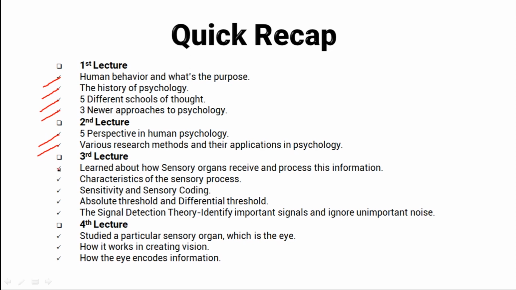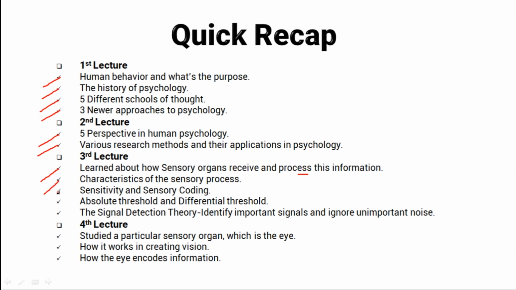Now the third lecture focused on how the sensory organs take physical information and convert it into something that our brain can understand and make sense of. Specifically, we discussed how sensory organs receive and process this information. We started by discussing the challenges that sensory organs face, and then we talked about the characteristics of sensory organs.